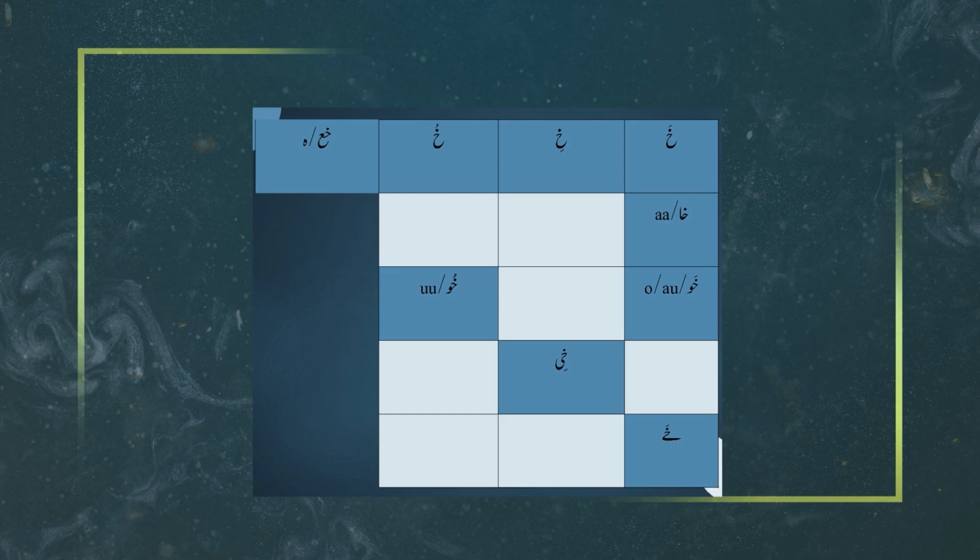It will sound like Kha, Khi, Khu, Kha, Khao, Khu, Khi, Khe. Read with me. These are the diacritic marks, sounds or phonemes with these four alphabets.